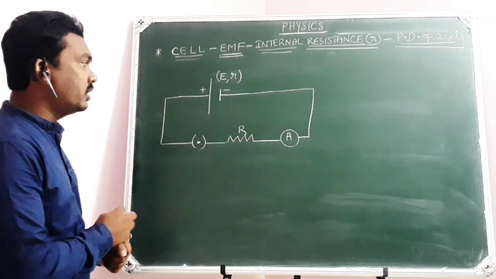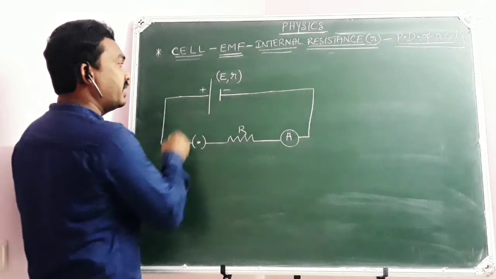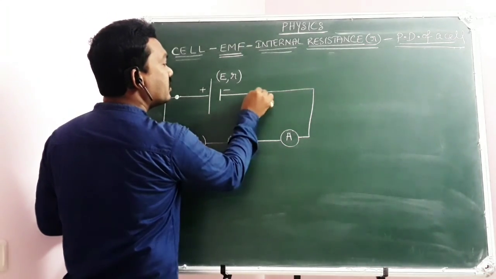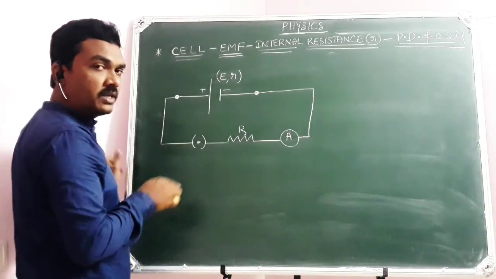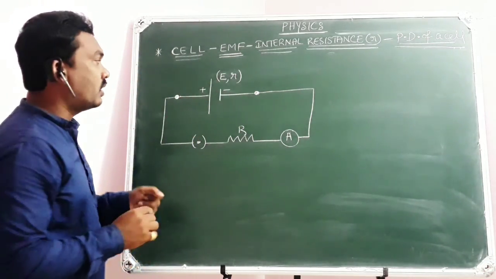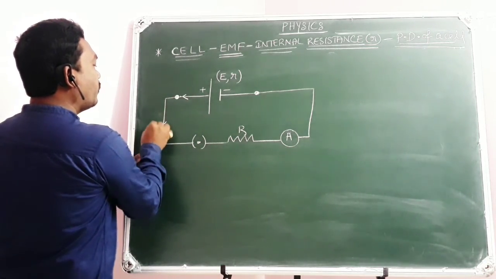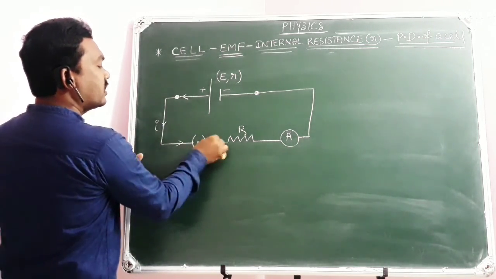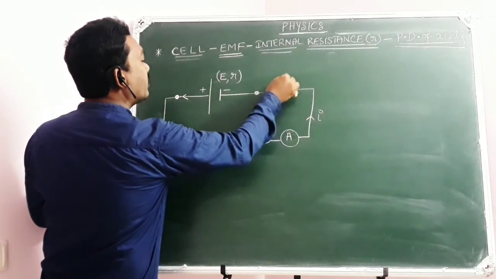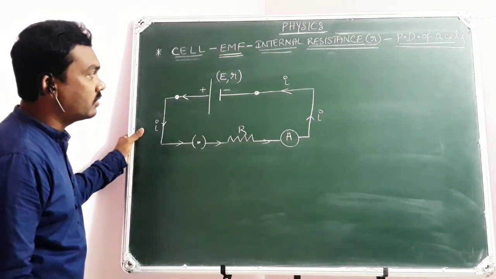Now here I told you, when the cell offers some internal resistance, the potential difference across the terminals of the cell will be different from the EMF of the cell. So to understand that, let us see, we are going to draw a current of I amperes in the electric circuit using this cell. Some current I is drawn from the cell.